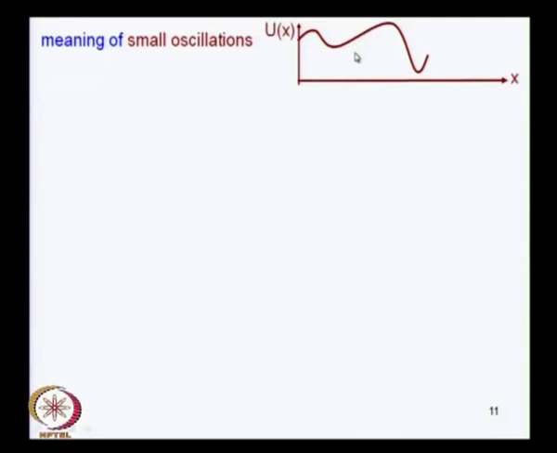So, if you have a potential of this kind, and you see that I have plotted a one dimensional potential, it has got humps and valleys. So, it has got positions of stable equilibria, unstable equilibria, but notice that the shape of the stable equilibrium over here is similar to the shape of the stable equilibrium over here, but it is not exactly the same.